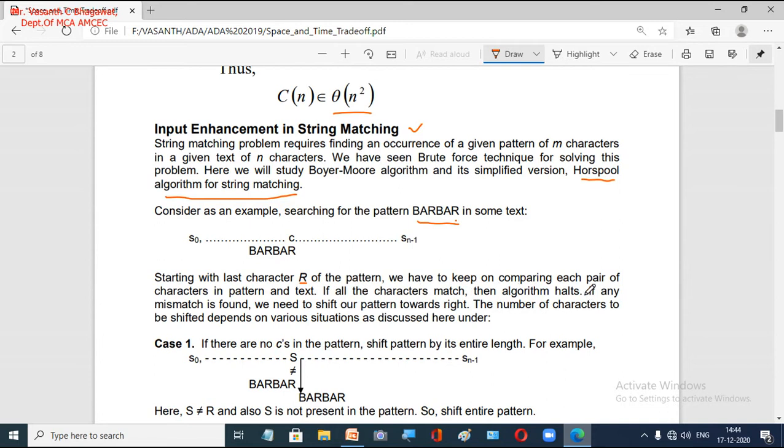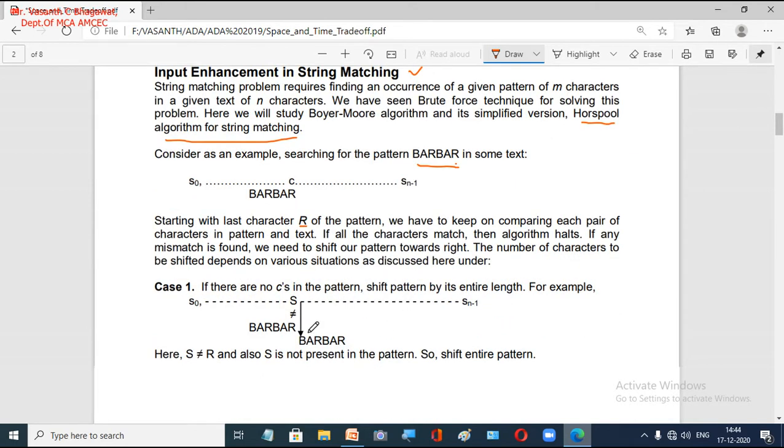That means you return the position where the pattern is found. Otherwise, we say that the pattern is not found. That is what the problem says.